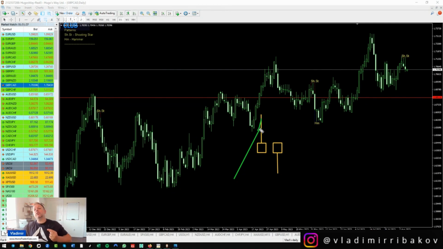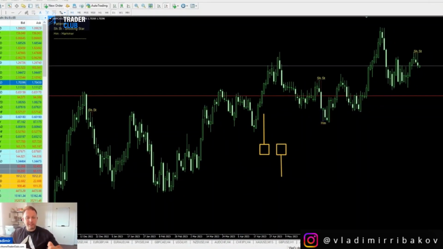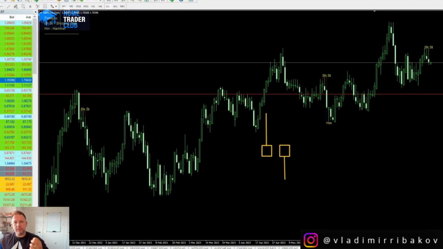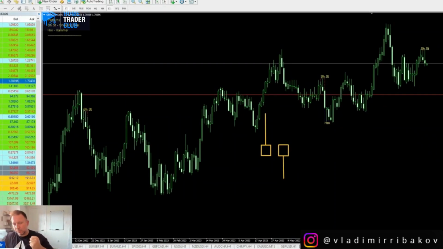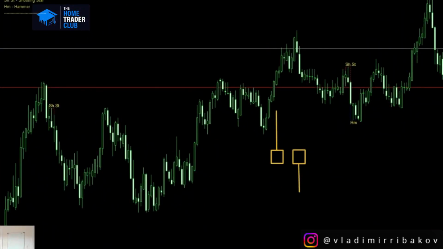The buyers are trying to keep their momentum, rejected by the sellers, and the sellers take the control, right, and close on the lower part of that period, a day, 4 hour, or a week, or any other time frame you use. Okay, giving the boost that the traders are looking for, that the sellers rejected the most recent rally, and there is a great chance it will continue and bounce downside.